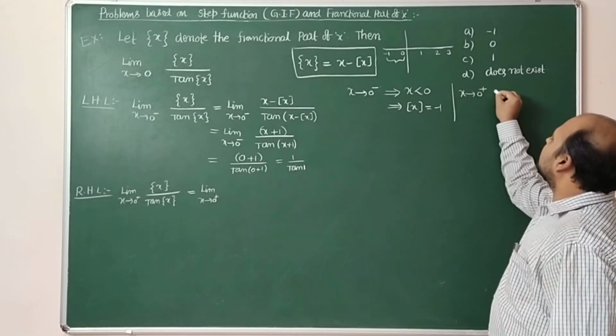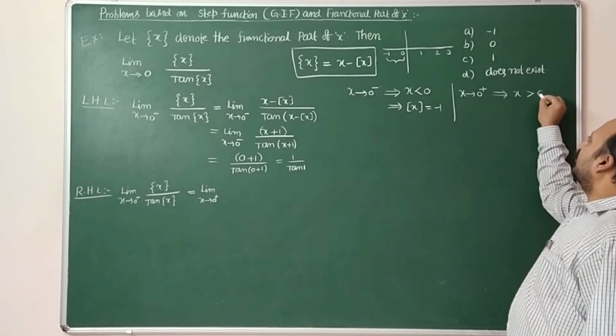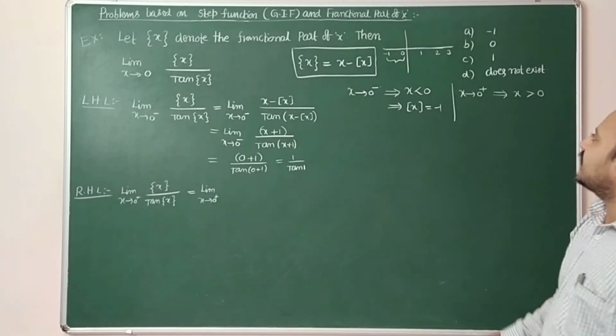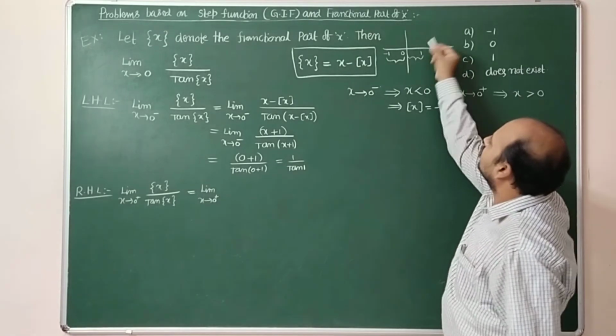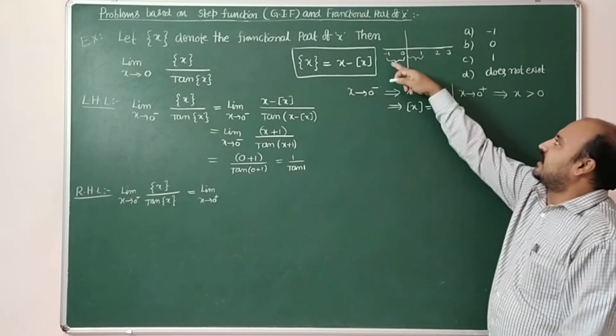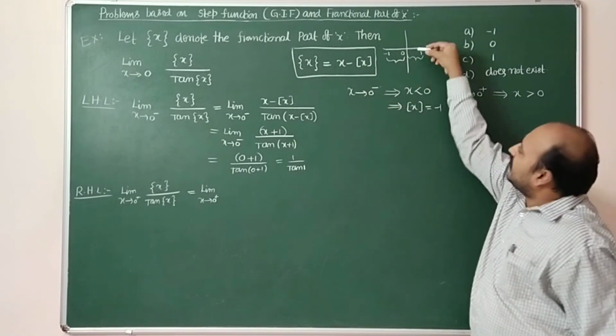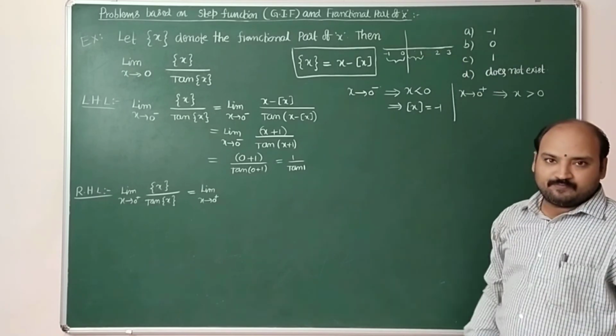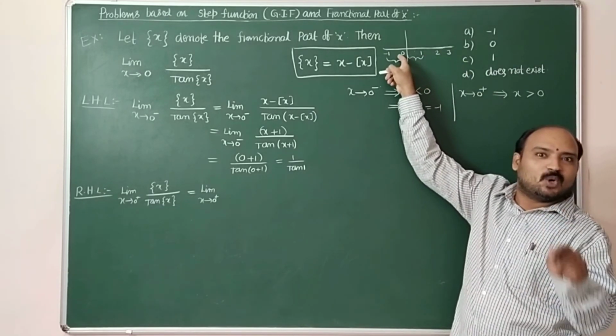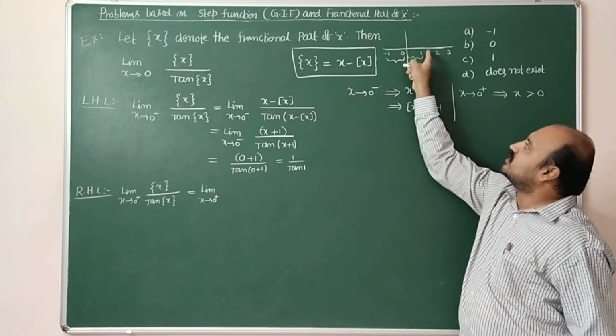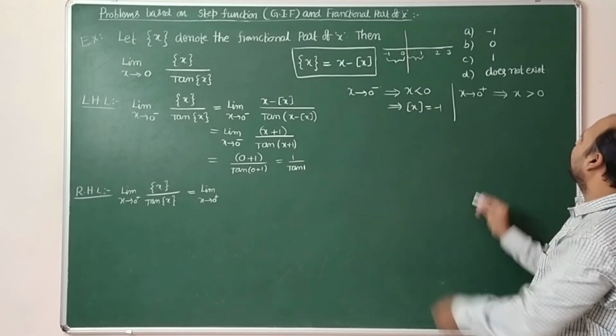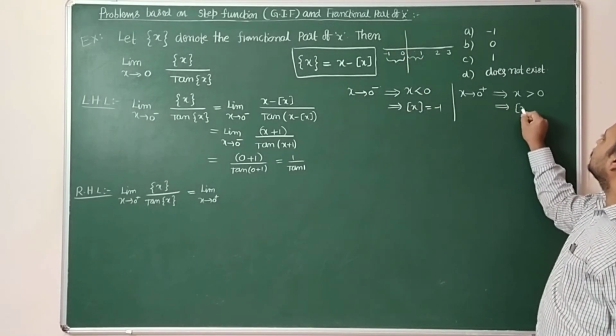X tends to 0 plus means x is greater than 0. When x is greater than 0, that means the value of x is in between 0 and 1. Any value between 0 and 1, it will reach the left of it. Among 0 and 1, which one is left? 0. So step x value goes to be 0.